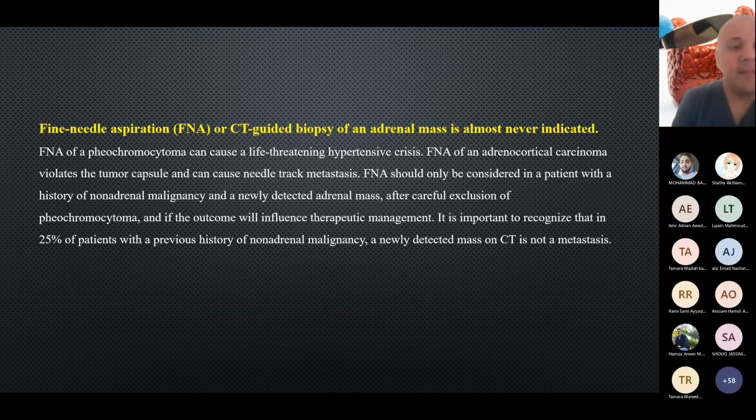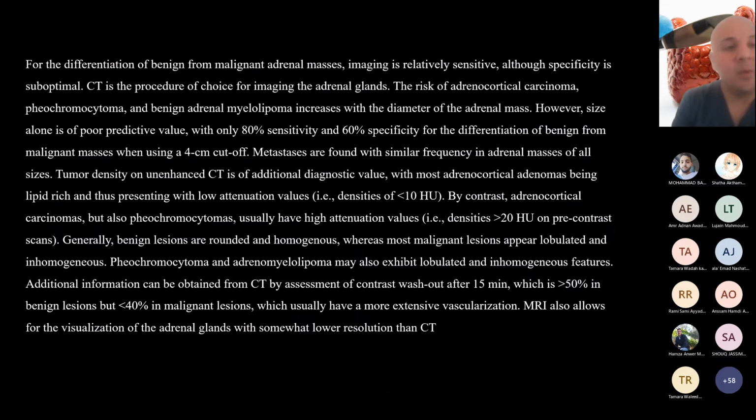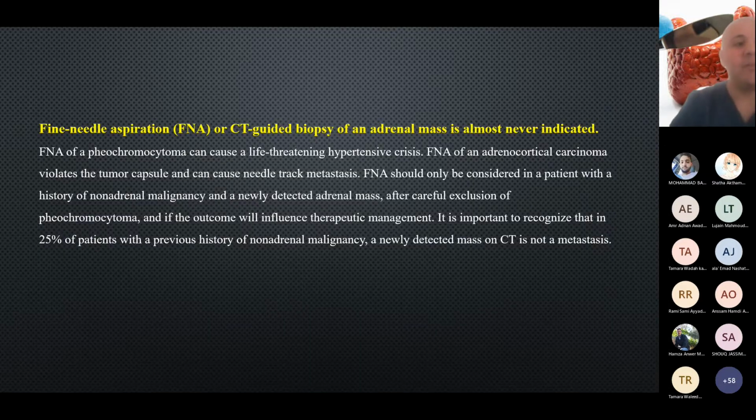This slide will summarize what I have told you so far, and you can have a look at it.